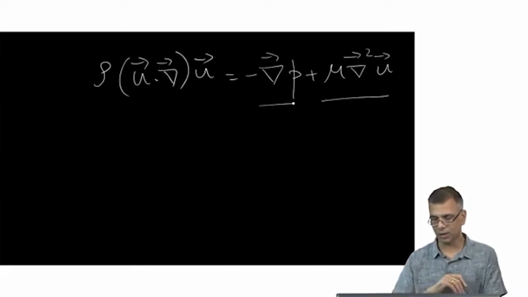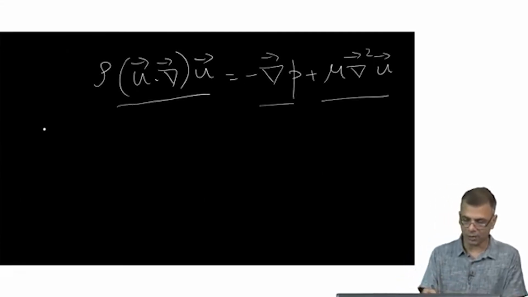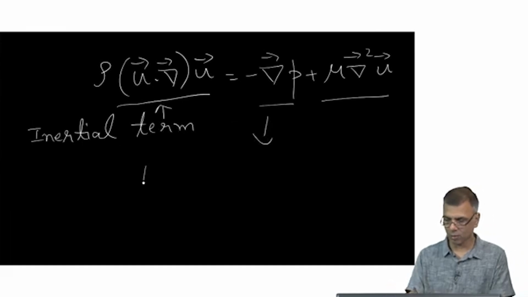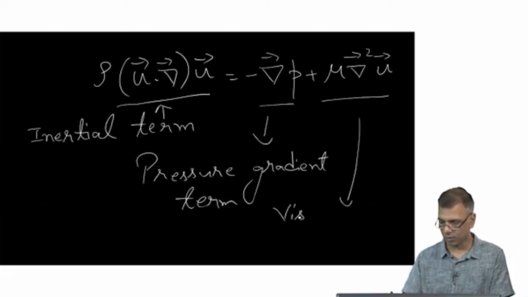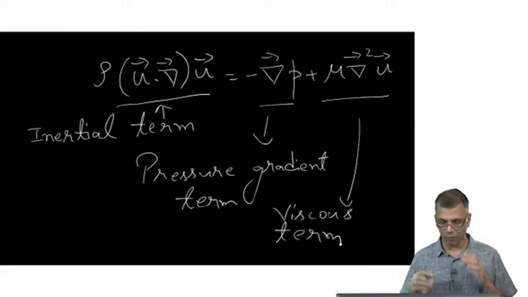Maybe it's useful to write this down: the inertial term, the pressure gradient term, and the viscous term.